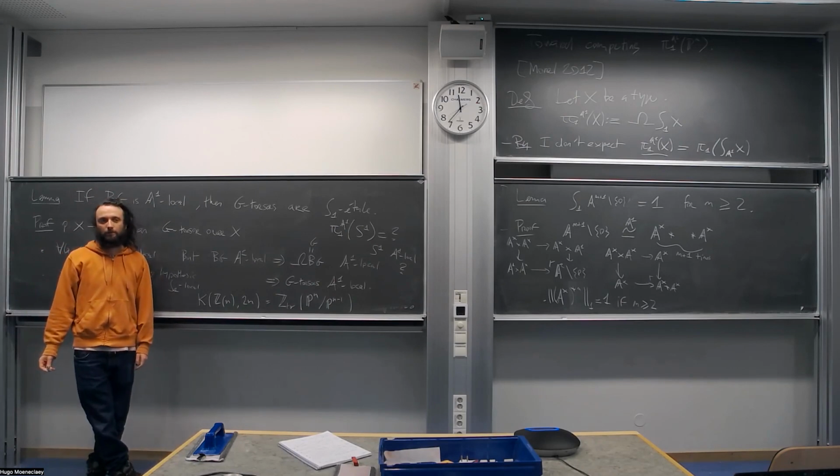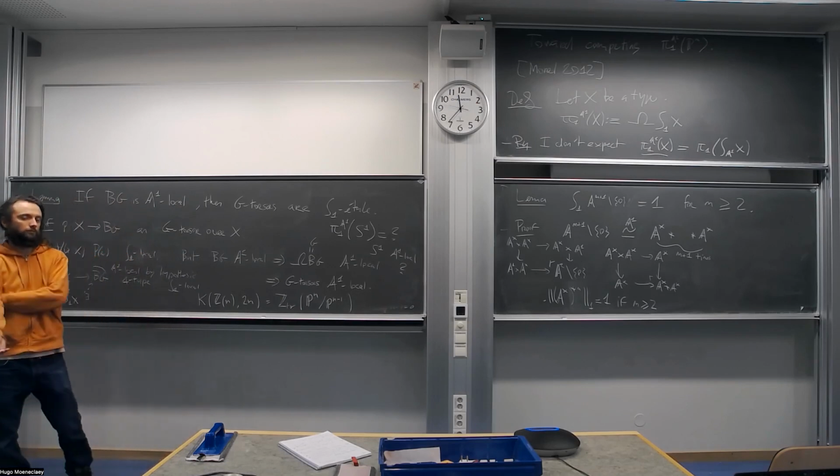I mean, I've written down a sketch somewhere for the case where A1 is overt. But I don't know what happens otherwise. So in particular in characteristic 0, we know it's that.